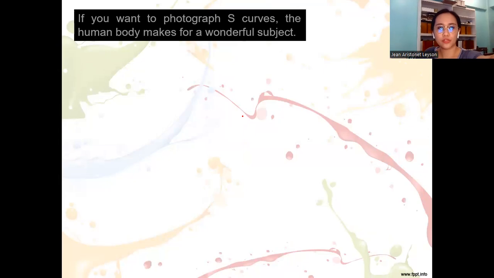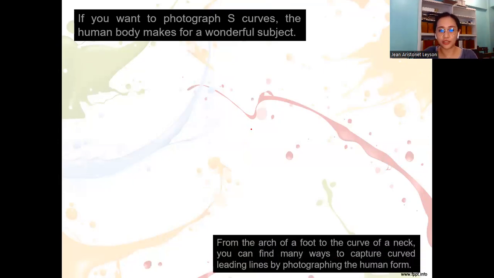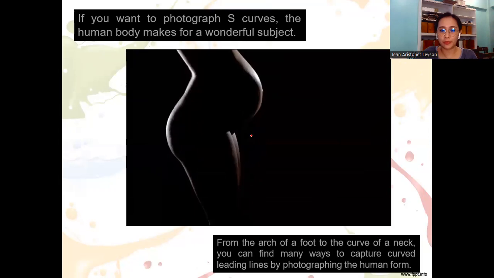So if you want to photograph S-curves, the human body makes for a wonderful subject, just like what I've said earlier. From the arc of a foot to the curve of a neck, you can find many ways to capture curved leading lines by photographing the human form.